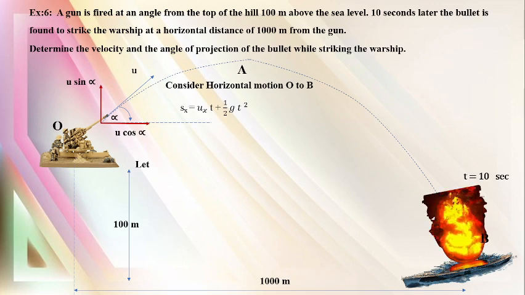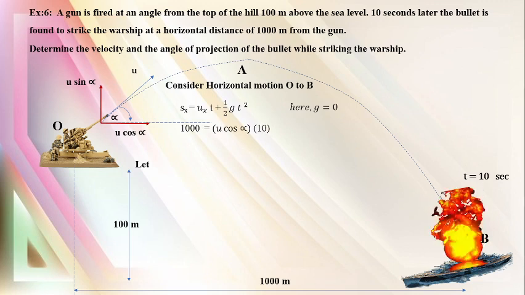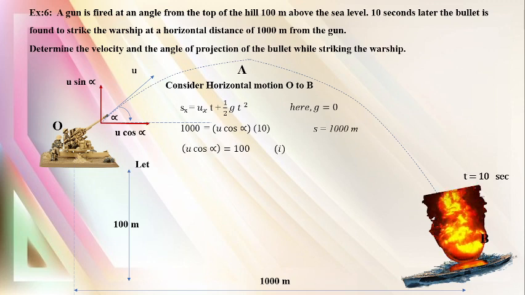Sx is the horizontal distance, that is 1000 meter, and g, that is the gravity in horizontal direction, is equal to 0. So substitute all these values. Sx is equal to 1000, ux is equal to u cos alpha, and time is equal to 10 seconds. So u cos alpha is equal to 100. Got it? So here we have equation number 1.